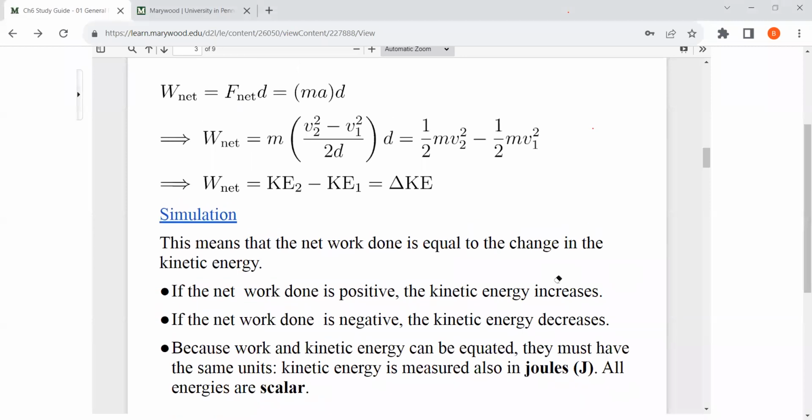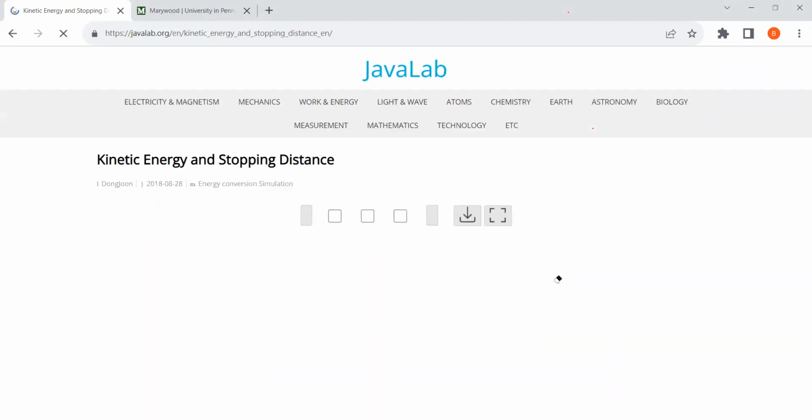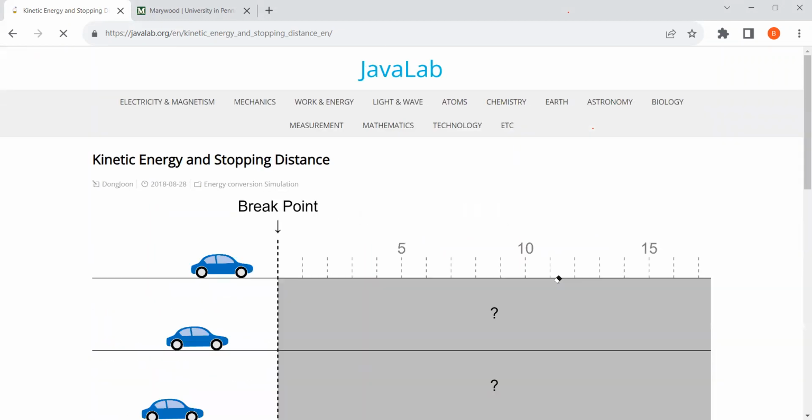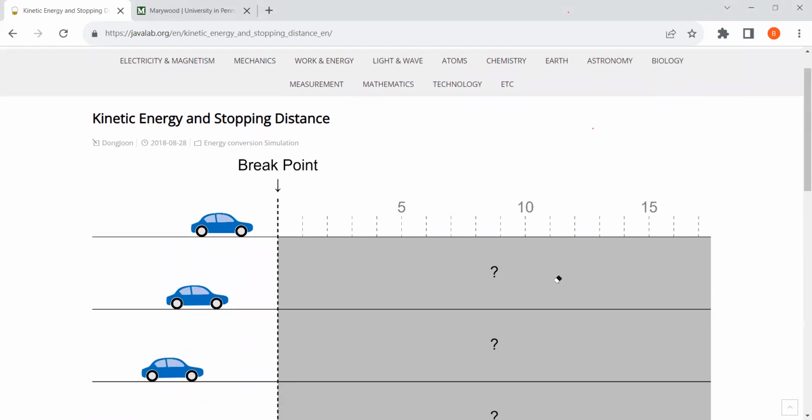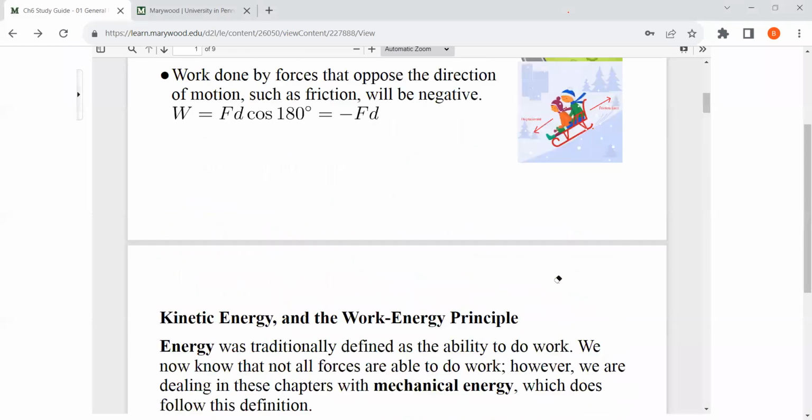Now, this is an interesting simulation. Let me show it. This simulation shows how the kinetic energy is related to the stopping distance. You can prove it by using this equation.